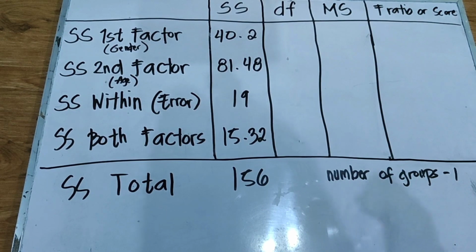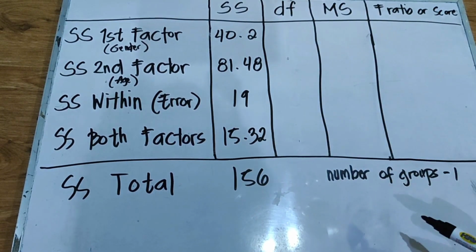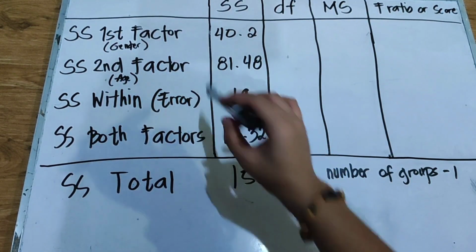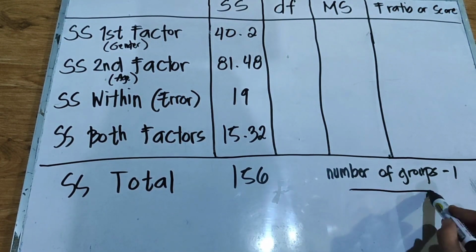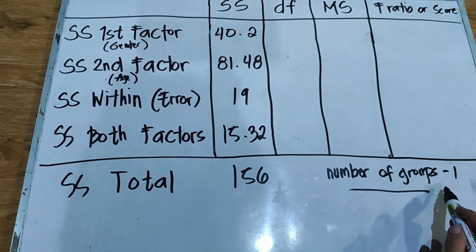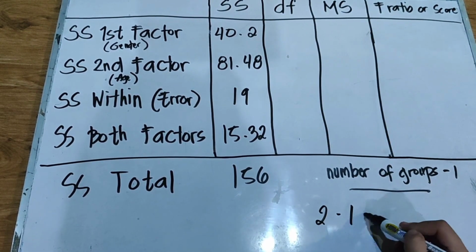So, next we will calculate the DF or degrees of freedom. So, how to get DF? For the first factor, gender, the formula is number of groups minus 1. So, gender has 2 groups, boys and girls. So, 2 minus 1 equals 1.